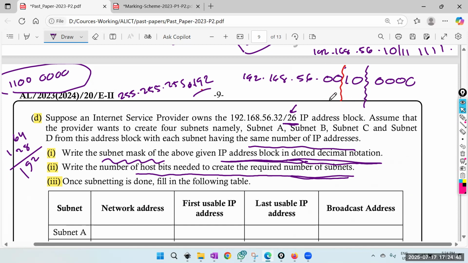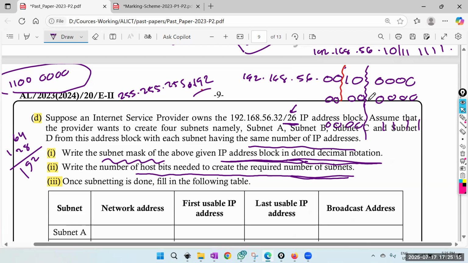Okay. So let's write the first block, 0, 0. You can give it to A or B or C or D, it doesn't matter. But let's say I'm giving it to the first block. That is 0, 0, 0, 0, 0, 0, 0, 0. My last address will be 0, 0, 0, 0, 1, 1, 1, 1.